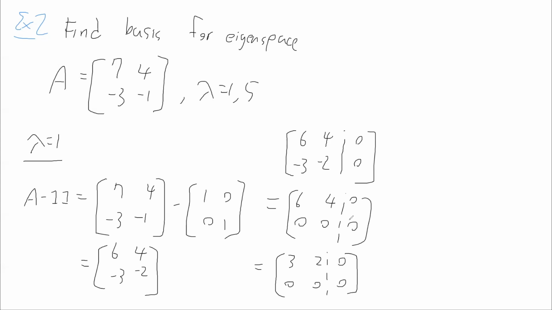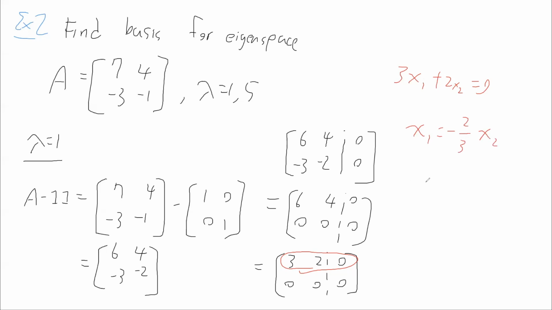So divide row 1 by -2. The first row tells us that 3x1 plus 2x2 is equal to 0. That means x1 is -2/3 of x2.